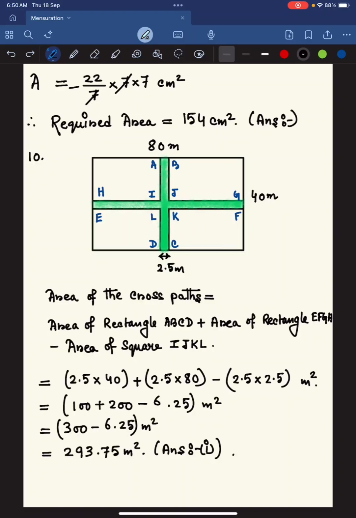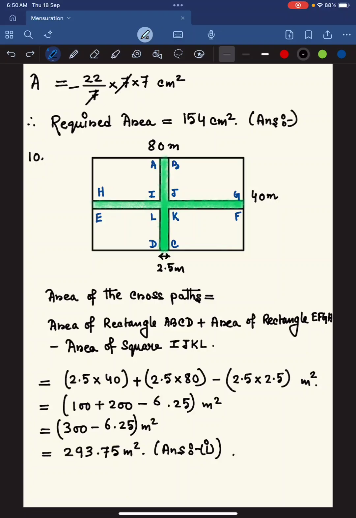So it will be 2.5 into 2.5 meter square, which equals 100 plus 200 minus 6.25, which equals 300 minus 6.25, which equals 293.75 meter square. So this will be the area of the cross path.